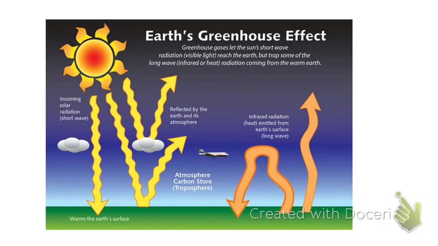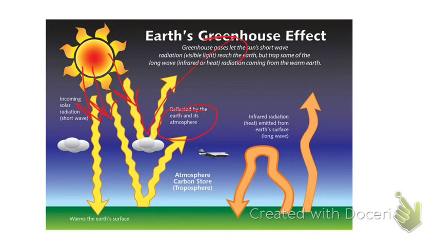So essentially what happens is the sun is going to release a whole bunch of light towards Earth, and we know that. Now, when this light hits our planet, a lot of that light is going to be reflected back out into space because of our atmosphere.